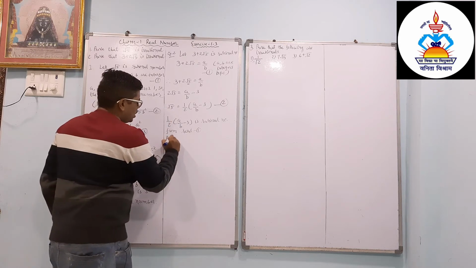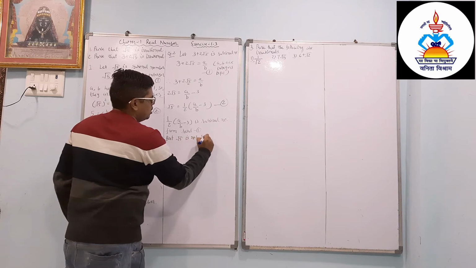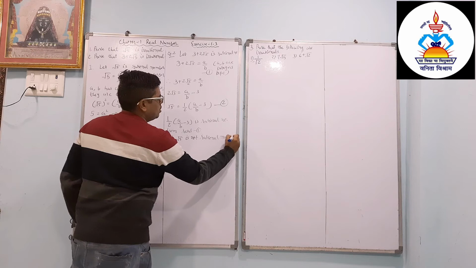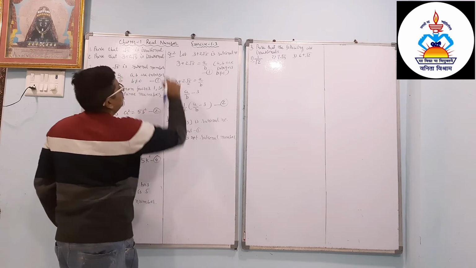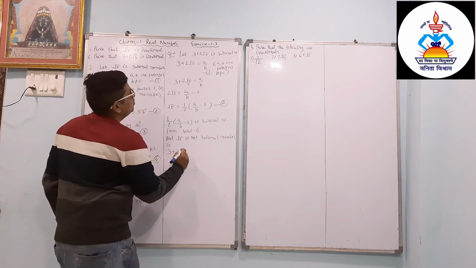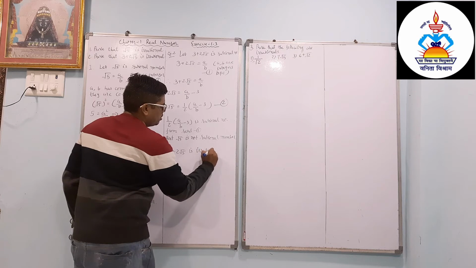But root 5 is not a rational number, so our number 3 plus 2 root 5 is an irrational number.